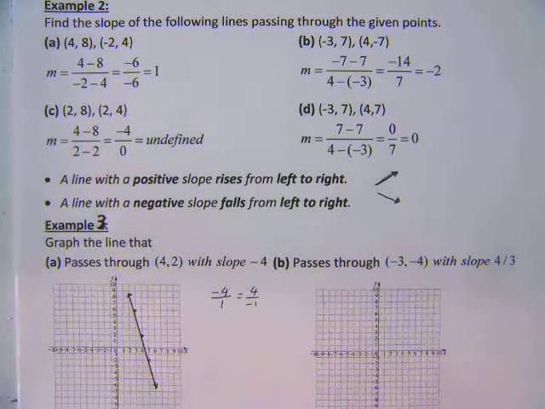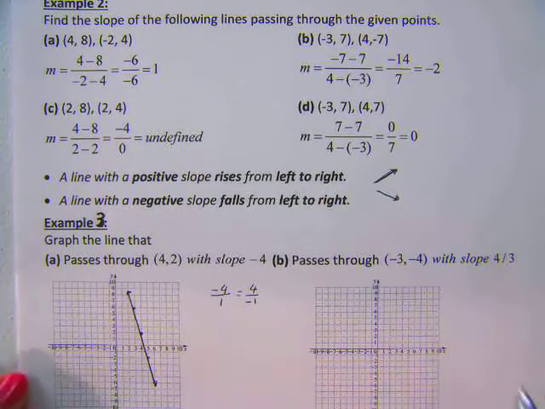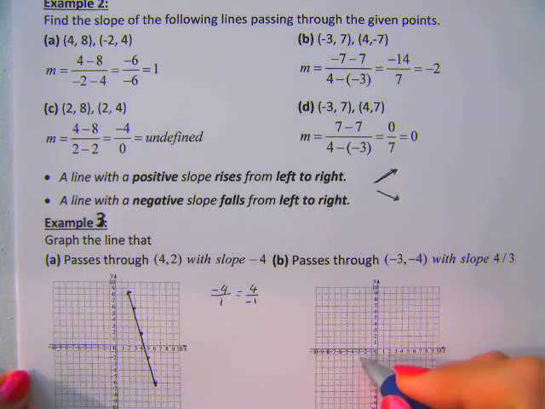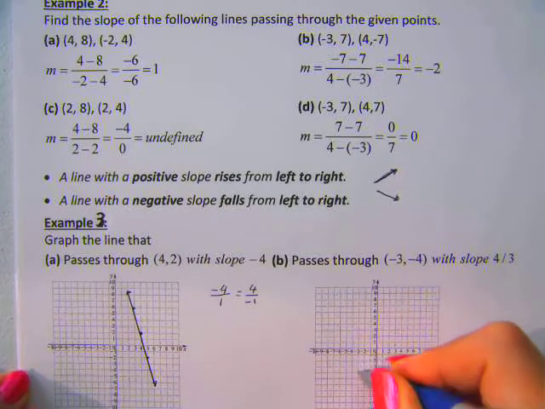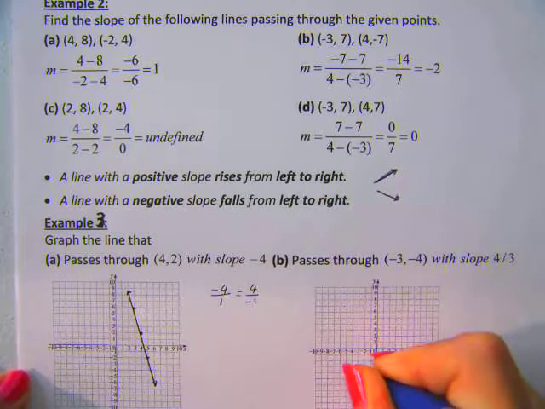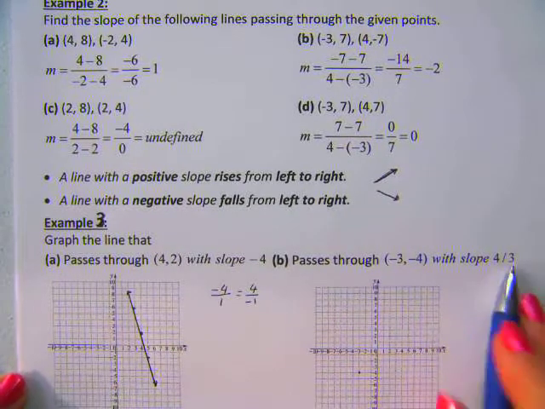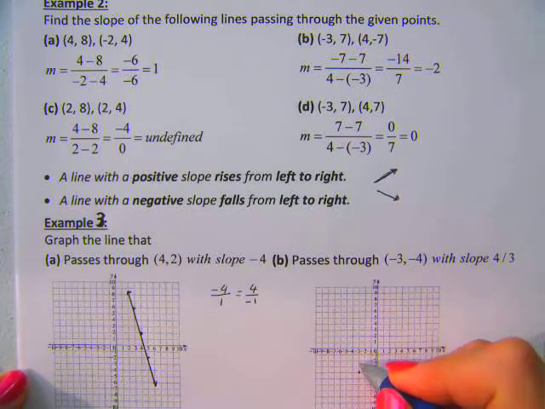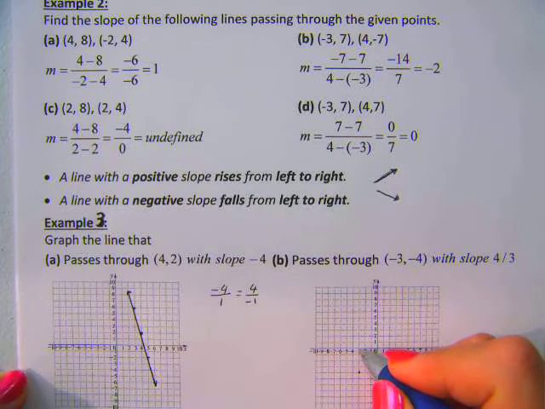How about this one? It passes through the point -3, -4. So first find that point that it passes through. Now the slope is 4/3, so that's just up 1, 2, 3, 4, and the x is positive to the right, 1, 2, 3.